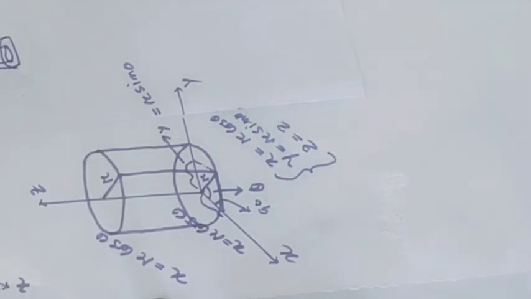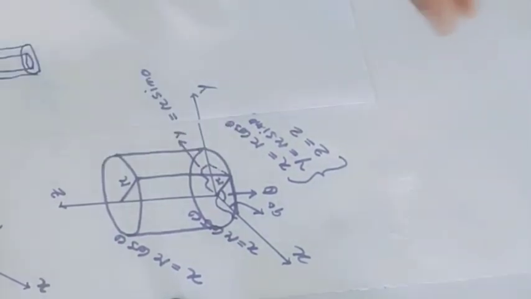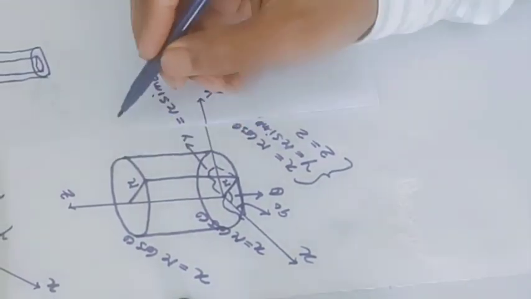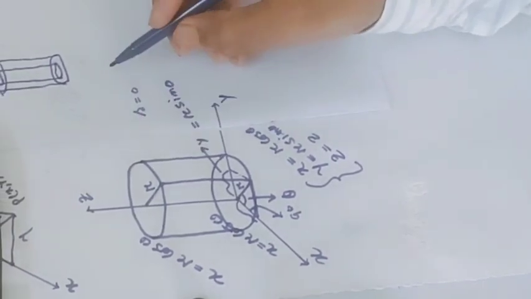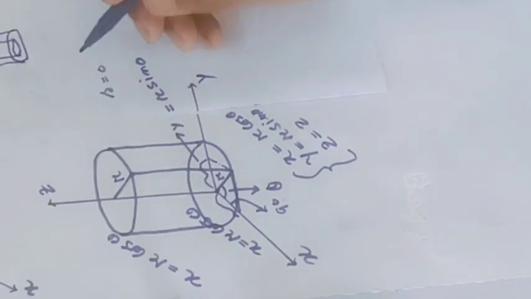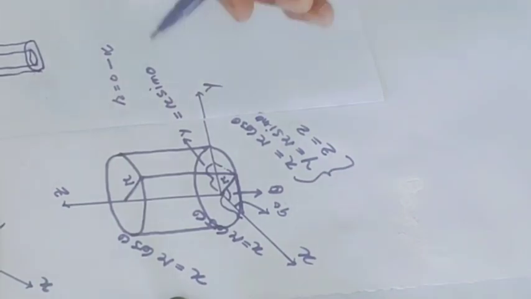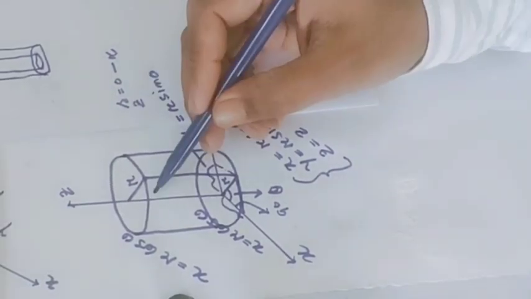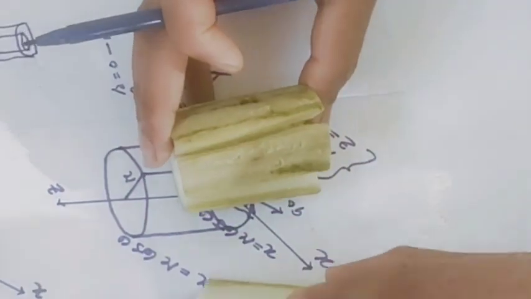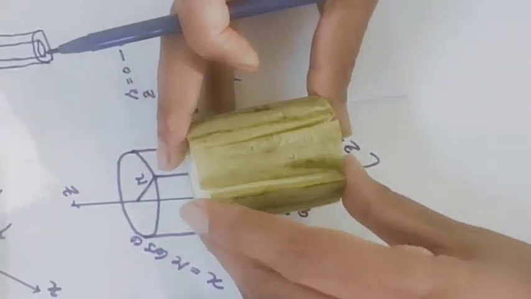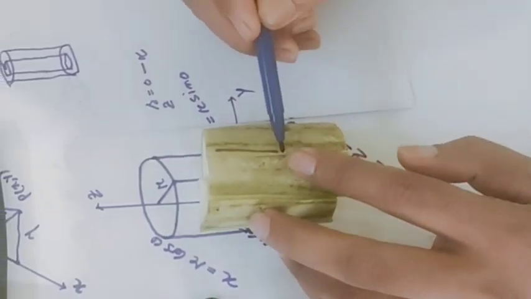Now look at the limits. As I discussed in spherical polar coordinates also, the minimum value of r can be 0, and at the surface, at the last boundary, it will be infinity. So r will change from 0 to infinity. Then z, you can consider the cylinder here also. Suppose the cylinder is starting from here, your origin is here, then this is your positive side, this is your negative side.